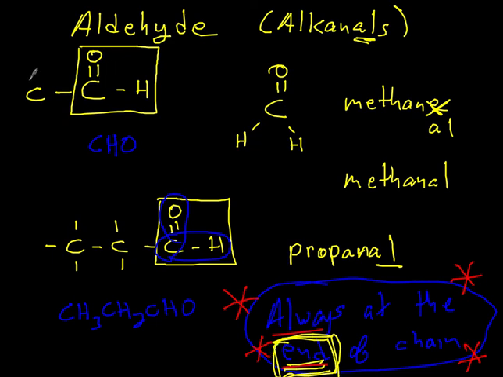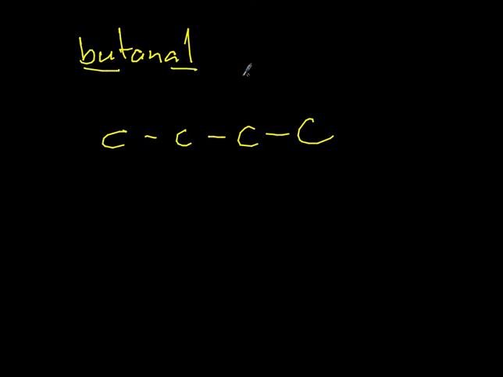Okay, let's do one more quick practice one. Let me have you draw one instead of naming it. Let's say I gave you butanal. But means 4 carbons, so draw 4 carbons. The -al means we have the aldehyde group, which is a C double bond O, H. Now, where did I just say aldehydes are?